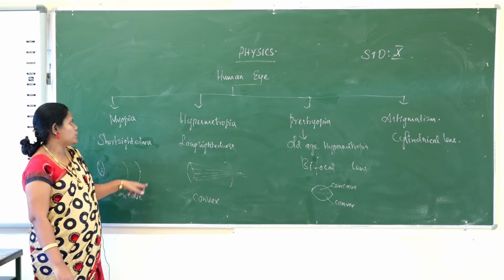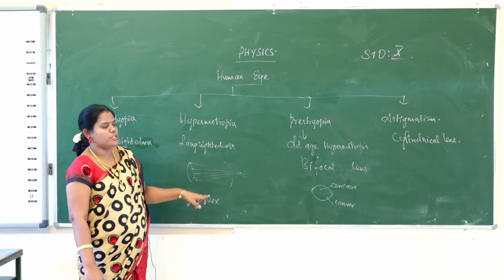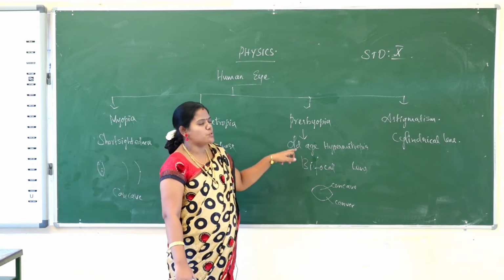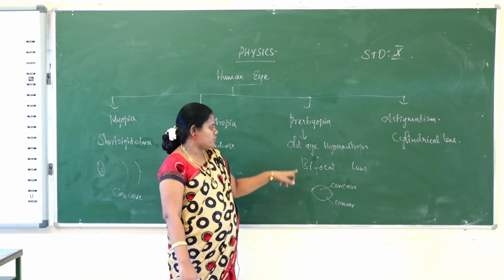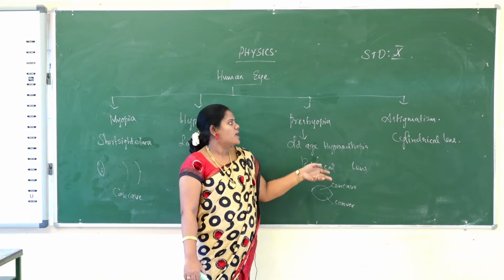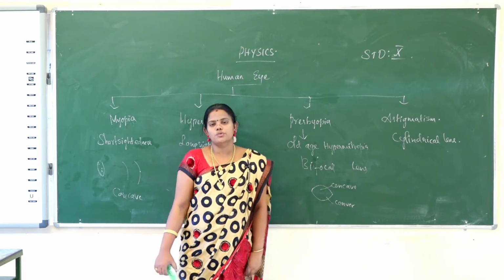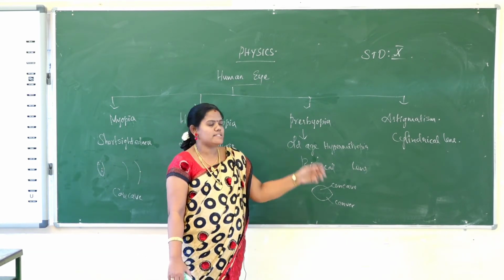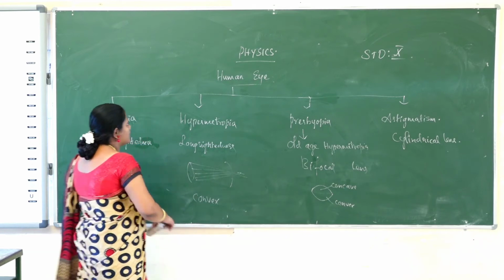Concave lens is used to treat myopia, convex lens to treat hypermetropia and presbyopia, bifocal lens to treat both defects, and cylindrical lens to treat astigmatism. So there are four defects in the human eye.